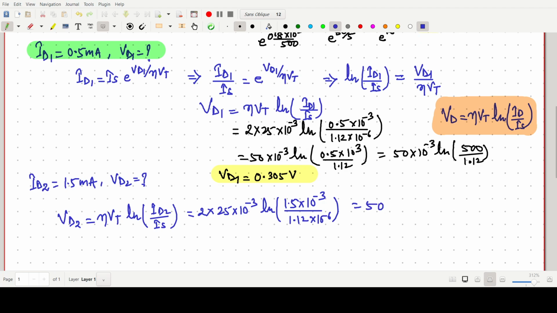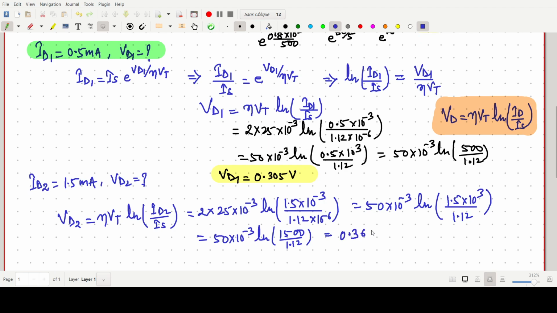Simple calculation: 50 into 10 to the power minus 3 ln (1.5 into 1000, which is 1500, over 1.12), and if we solve in the calculator, it will come 0.36 volt.